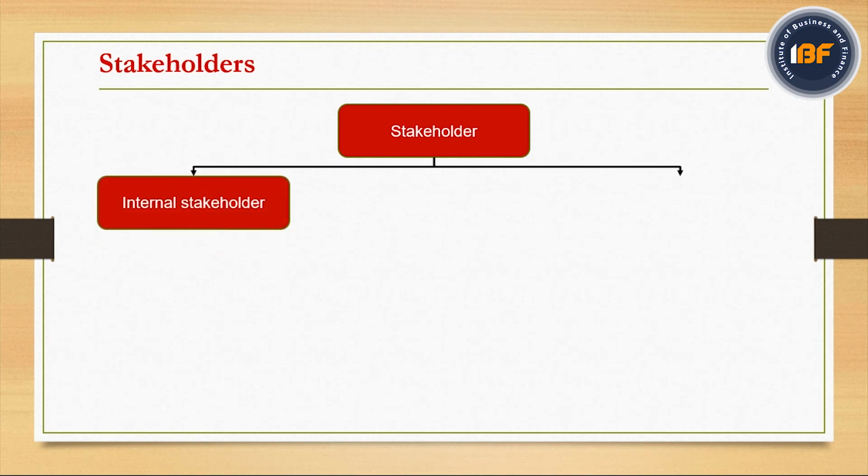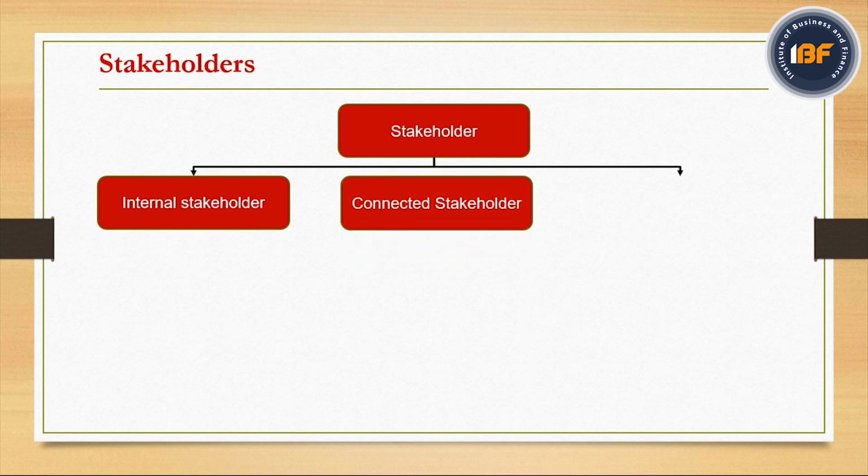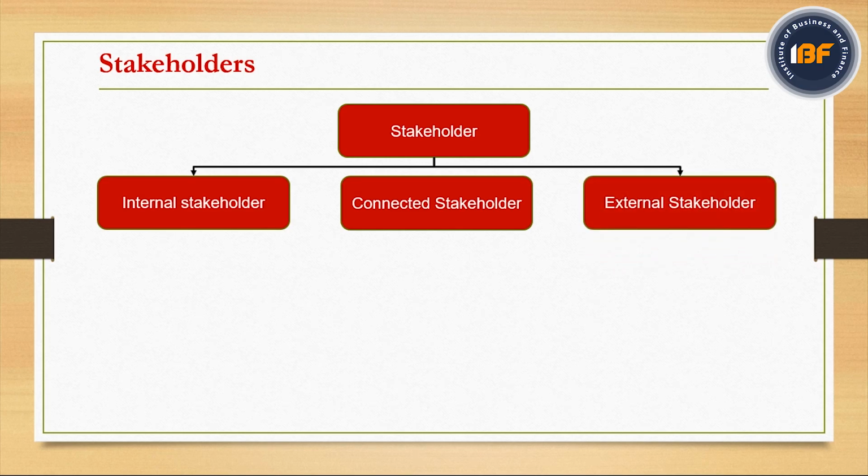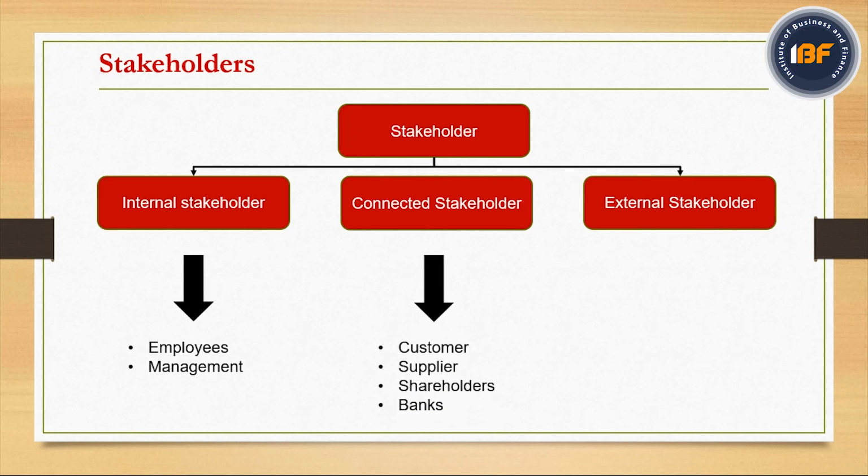First, we have internal stakeholders. Second, we have connected stakeholders. Third, we have external stakeholders. In internal stakeholders, we have employees and management. In connected stakeholders, we have government and pressure groups. I'm sorry, this is a mistake.